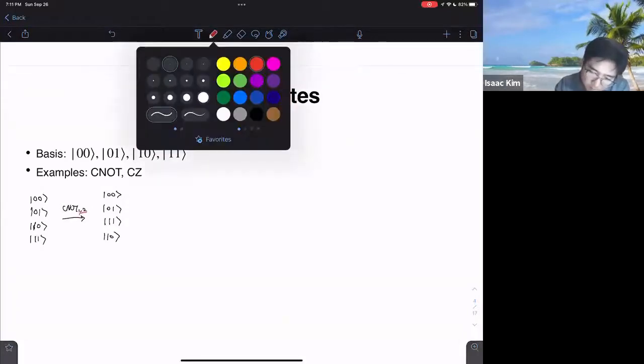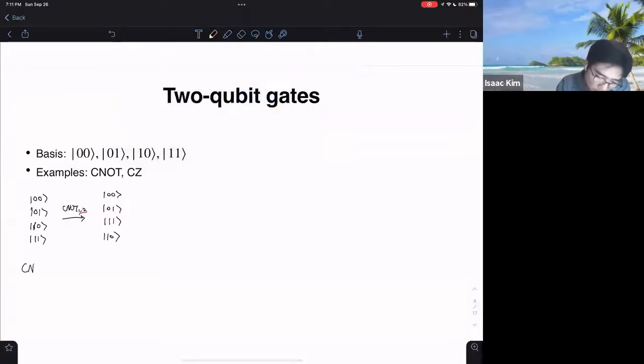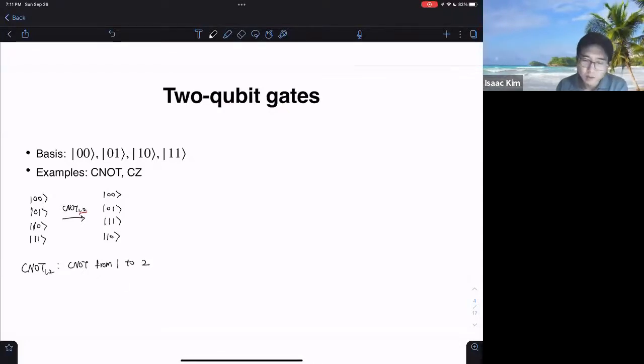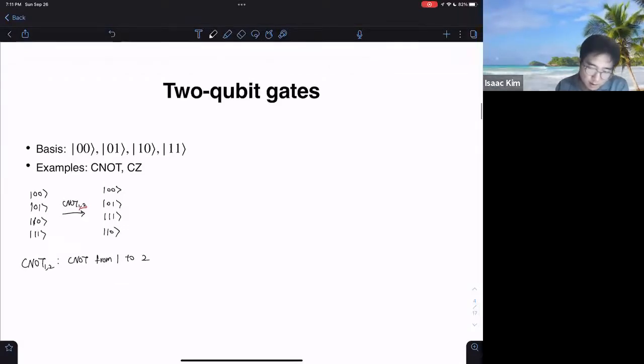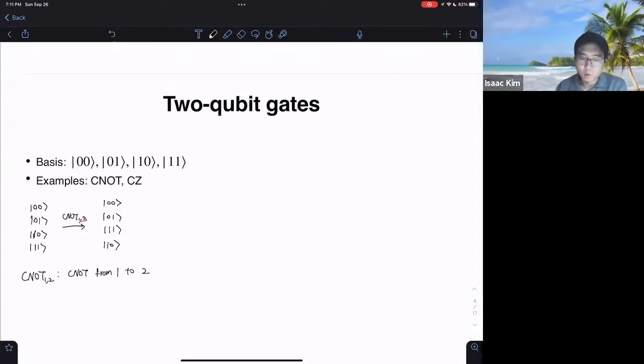And if we have CNOT 1, 2, in words, we say that we have a CNOT from 1 to 2. Here, 1 and 2 are qubit indices. And the way to think about this is the following. 1 is called the control qubit, and 2 is called the target qubit.